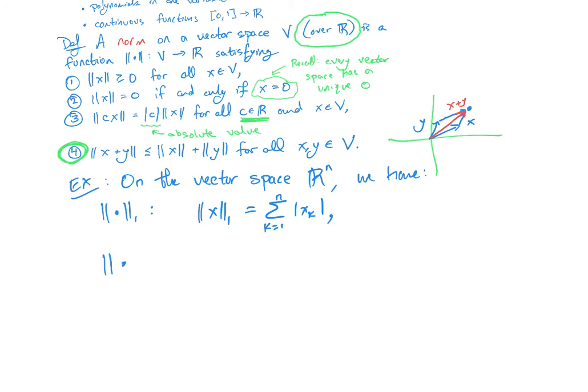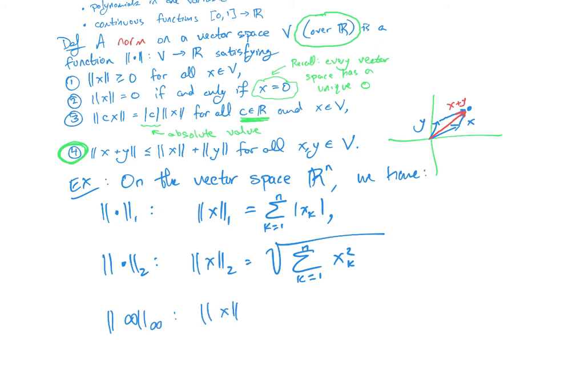The two norm is the square root of the sum of the squares. The infinity norm is the maximum absolute value of a component.